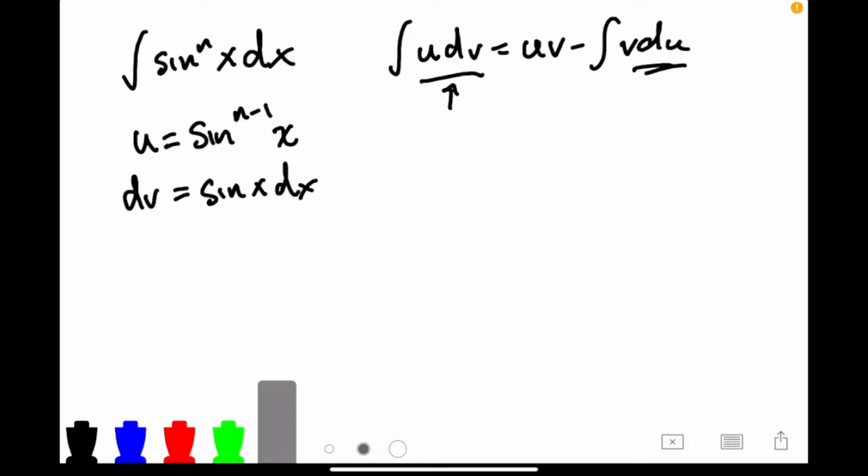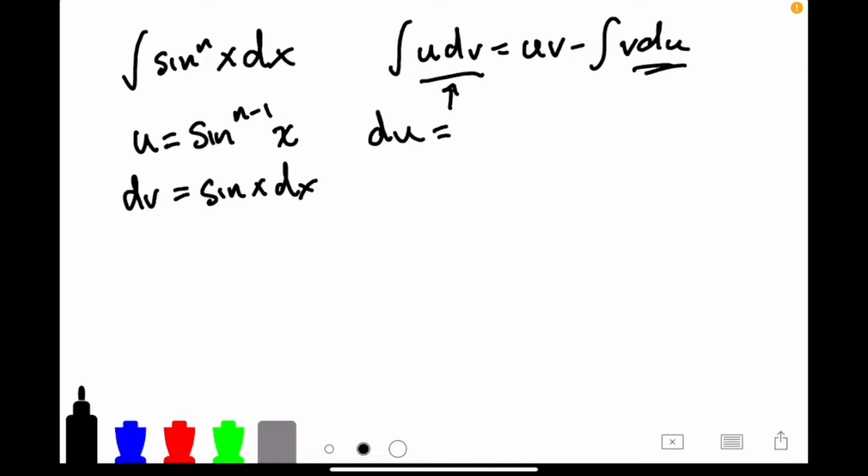du in this case is fairly straightforward. Bring down the power, decrease the power, and chain rule it, basically.